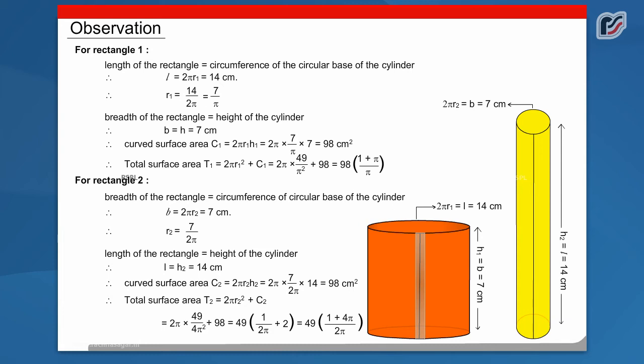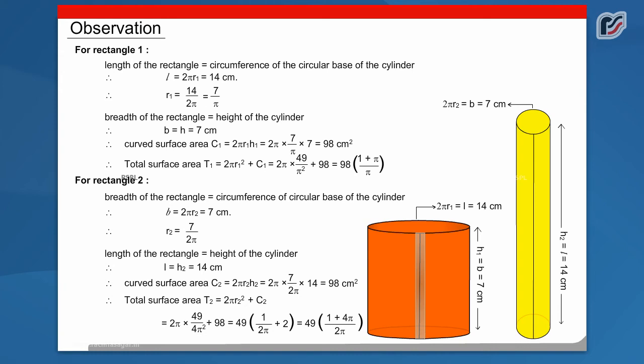Curved surface area C2 is equal to 2 pi r2 into h2, equal to 2 pi into 7 by 2 pi into 14, equal to 98 cm square.